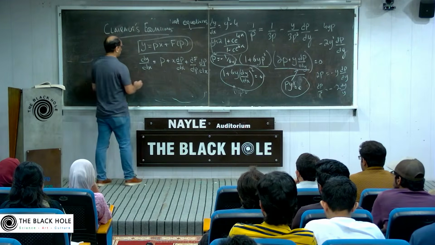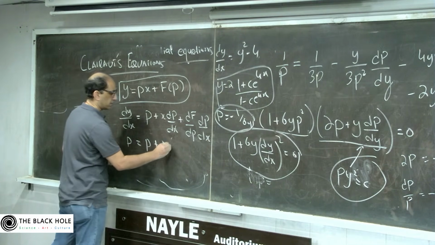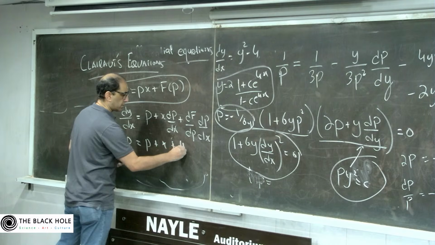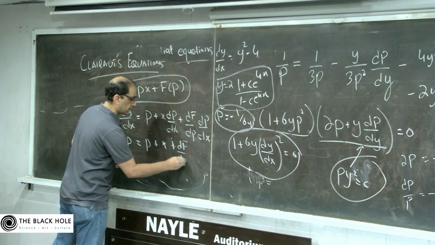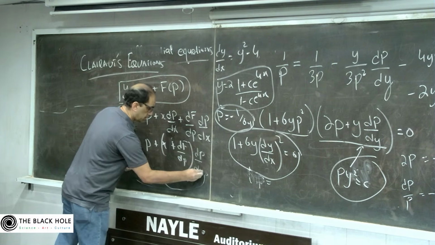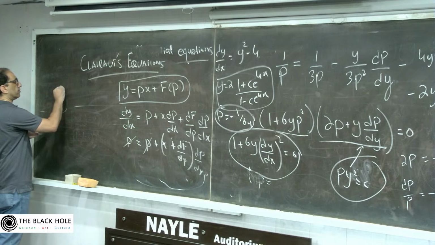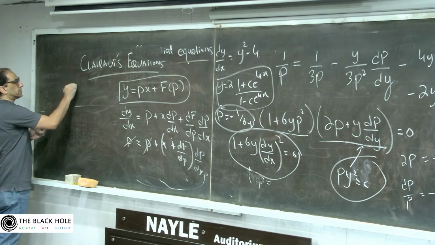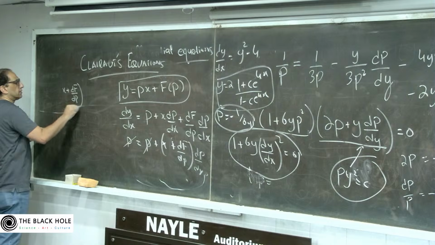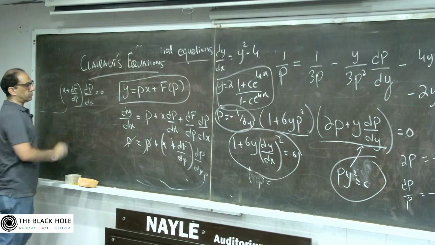So this is P, this is P, PP gets cancelled out, and you will have x plus df over dp, dp over dx is equal to 0.